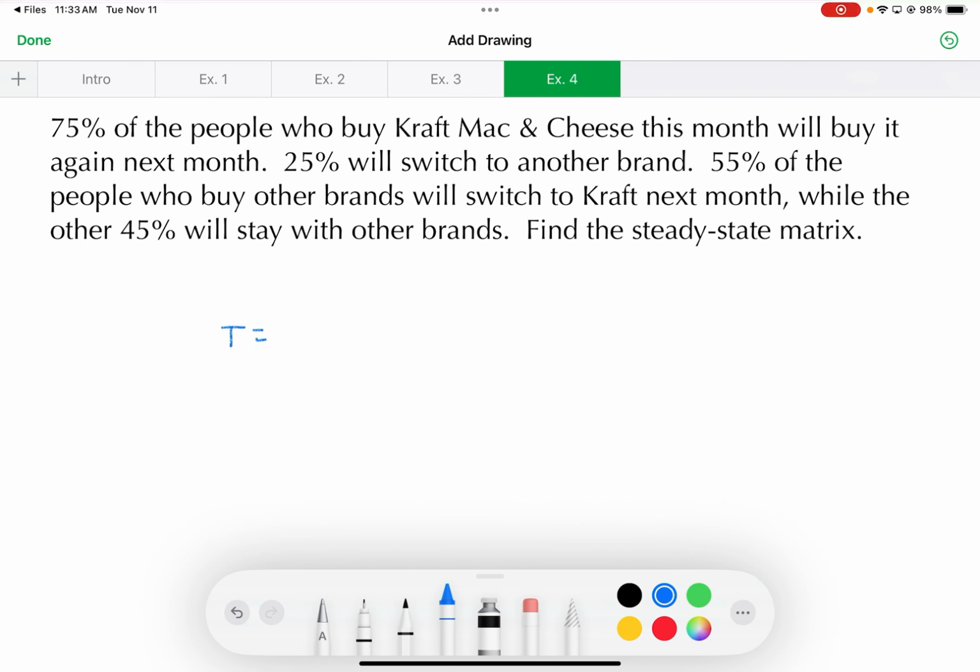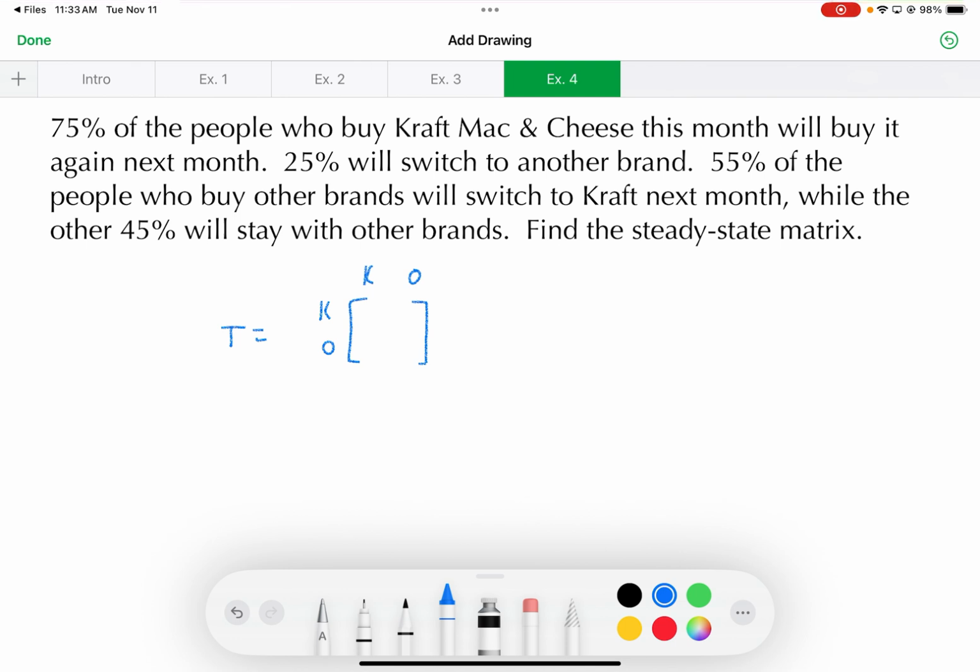Okay, we'll call it T. So remember, rows represent from, columns represent to. I'm going to use K for Kraft, O for other brand.